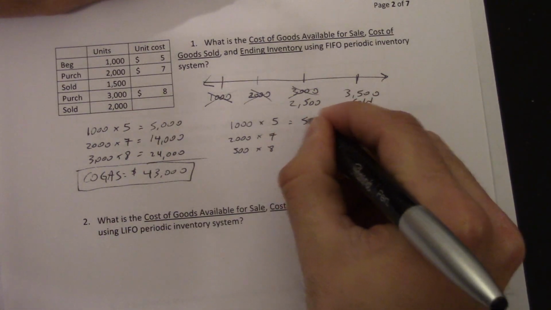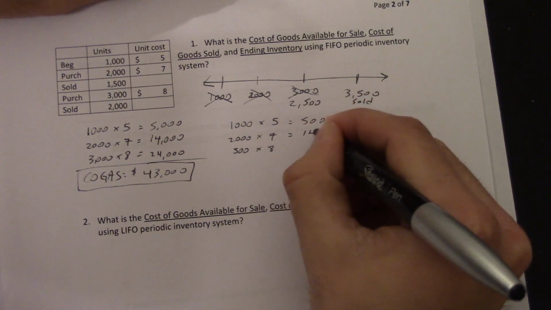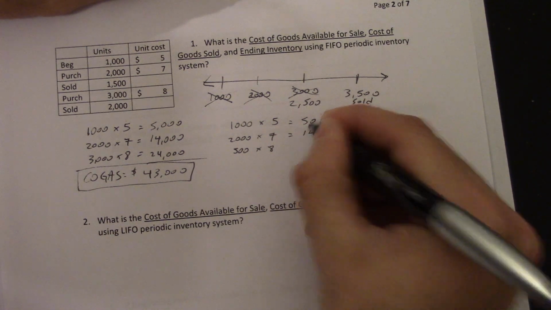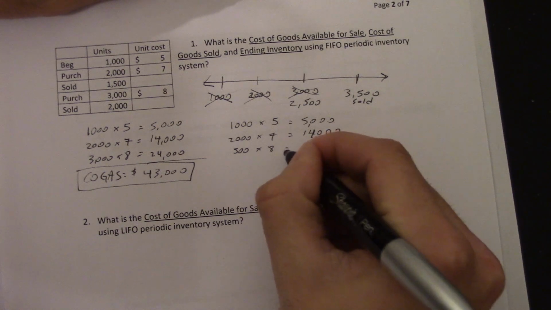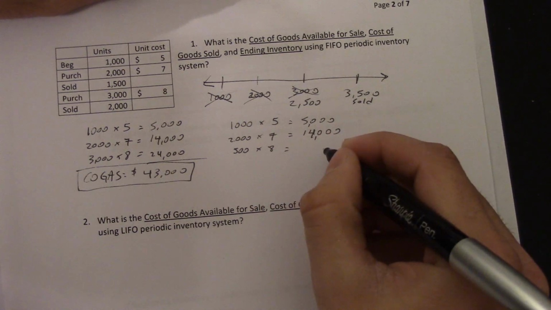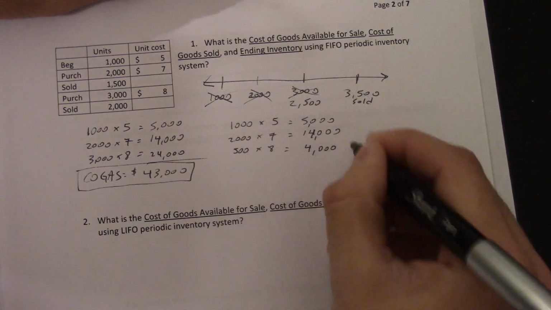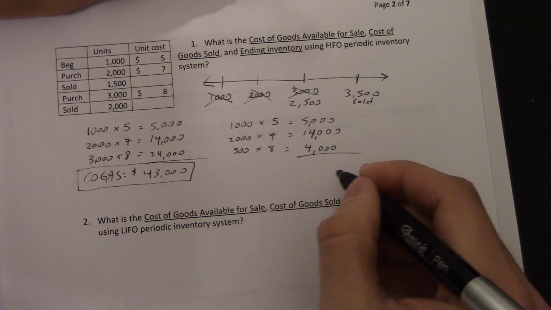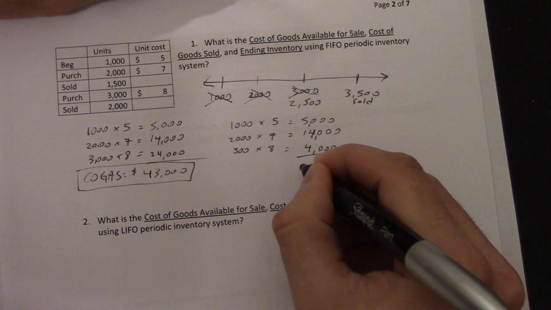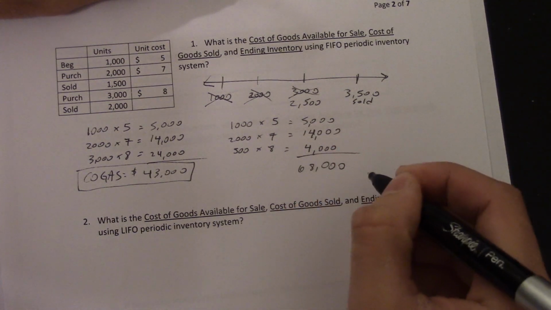So when we multiply this out, this is 5,000, this is 14,000, and this is 4,000.